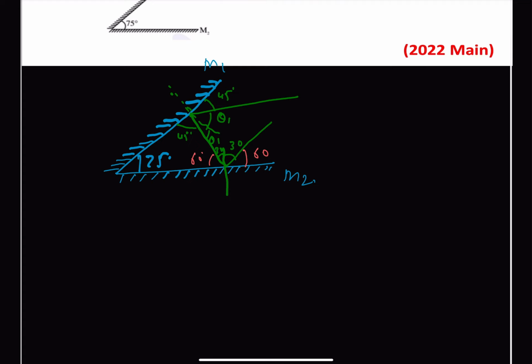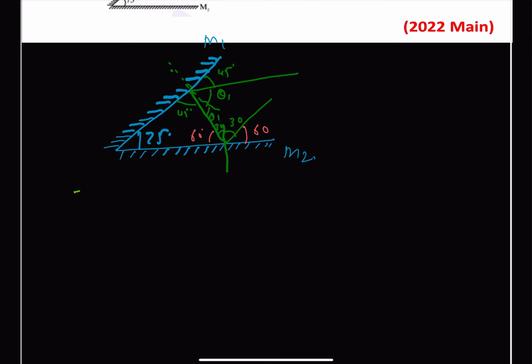And for the total deviation, we can just use the standard formula, that is, total deviation will be equal to 360 minus twice theta, and theta is 75, so we get 360 minus 2 into 75.